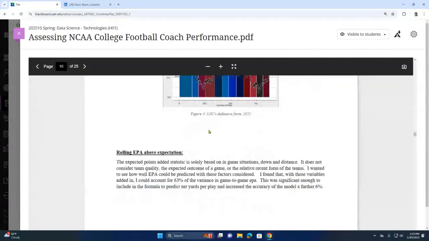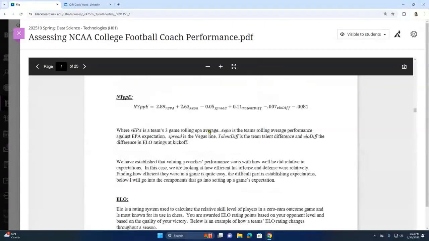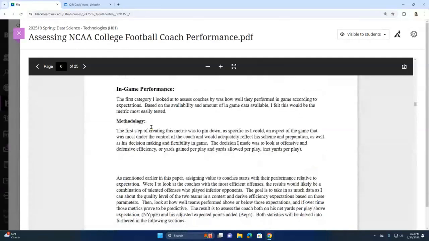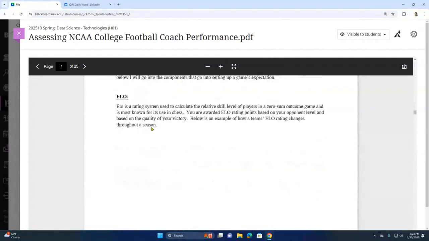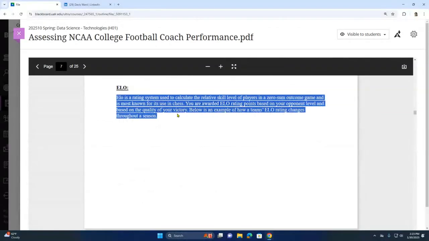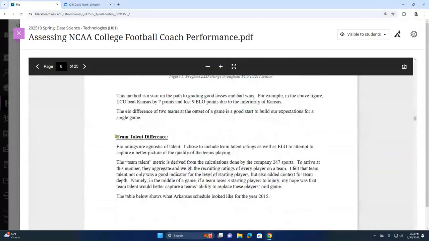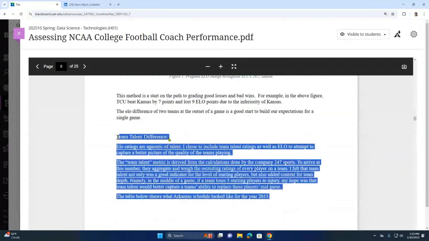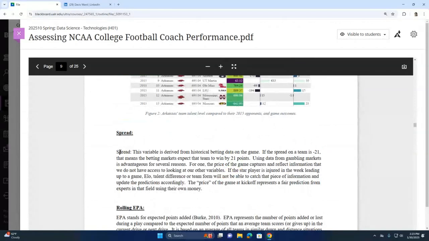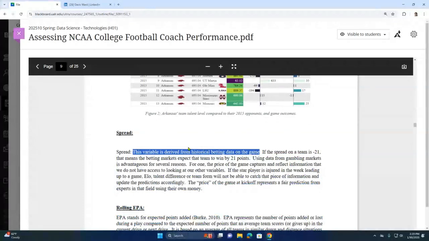To help the reader follow all of that, a couple things he did in the section on coaches' performance is that he went through and explained what all of these things are. He explains what ELO is. He explains team talent. He explains what we mean by spread, and this actually comes from betting data.